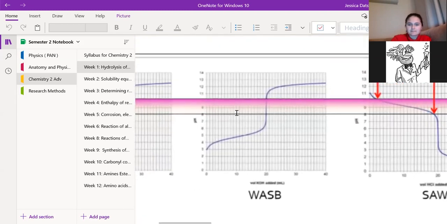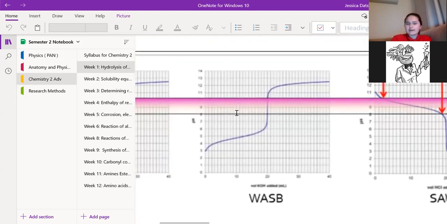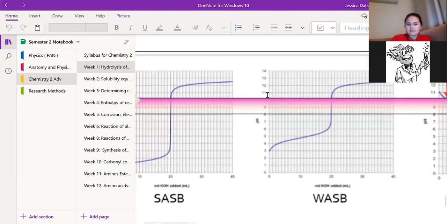Next one. Weak acid, strong base. So can you see, firstly, shorter vertical climb? Compare those two.